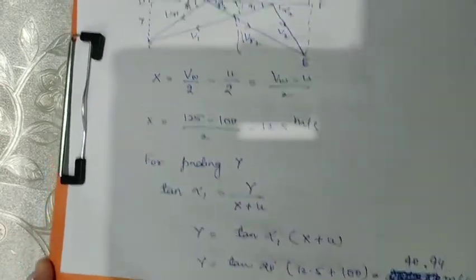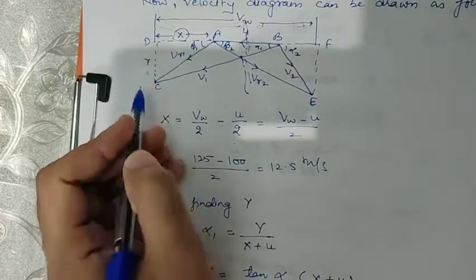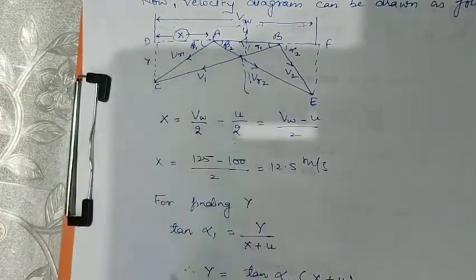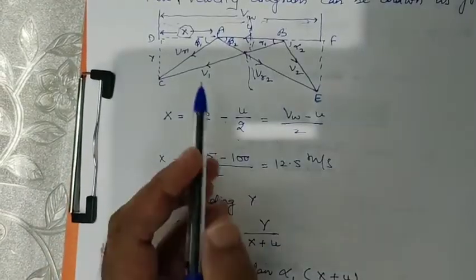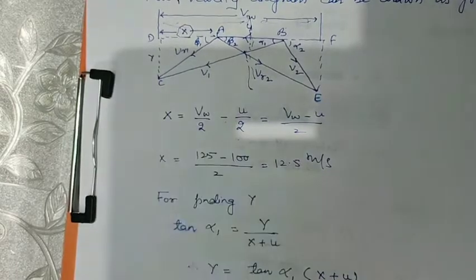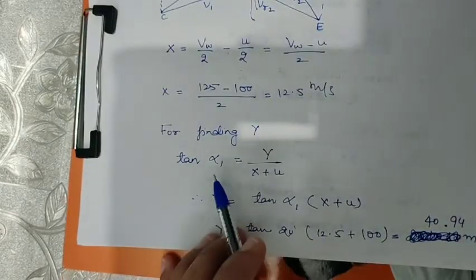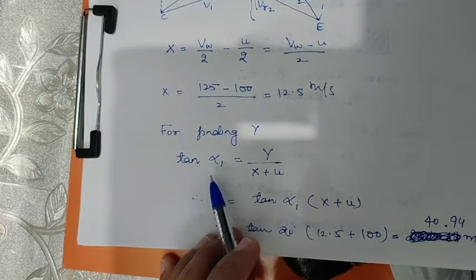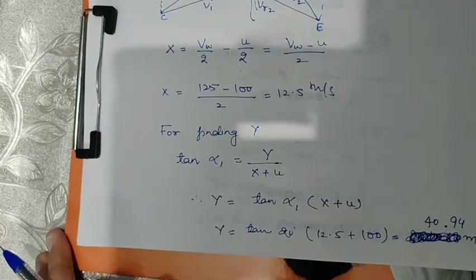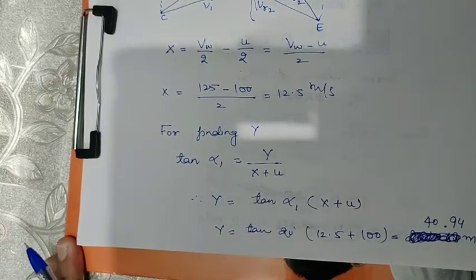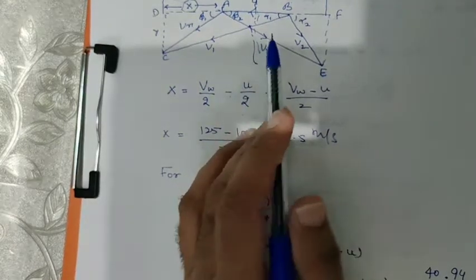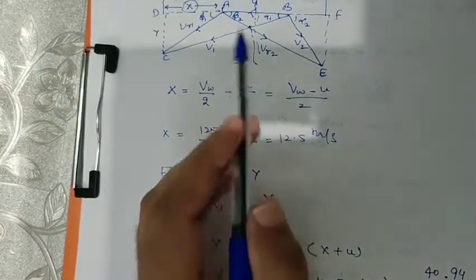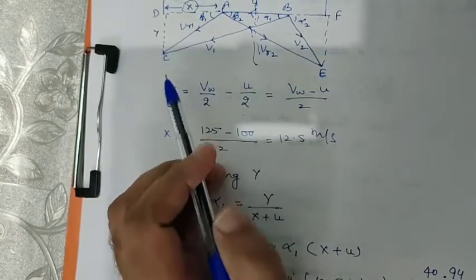Now let this vertical line be y. For calculating y, we have to take this triangle BDC.